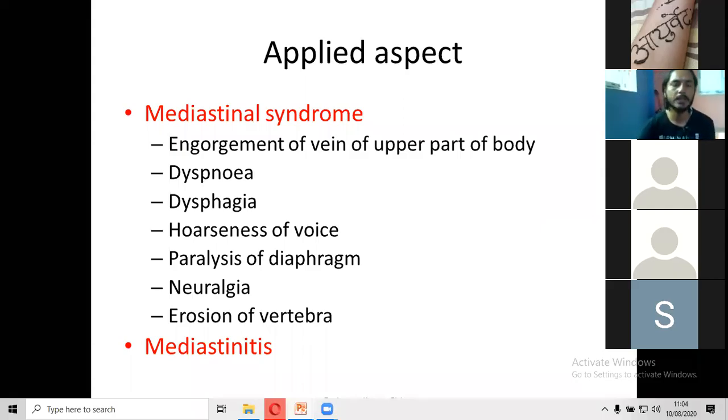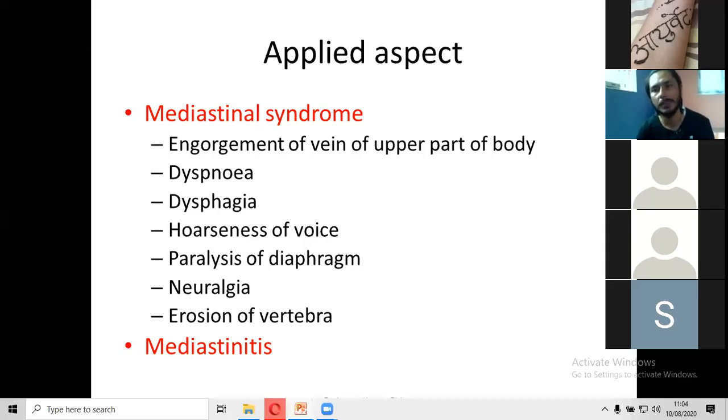See, actually, the mediastinum communicates with the neck, that is, the retropharyngeal space of the neck, through the pretracheal and the paravertebral spaces. There is the fascia around the trachea, the pretracheal fascia, and the fascia just in front of the vertebra, the paravertebral fascia.